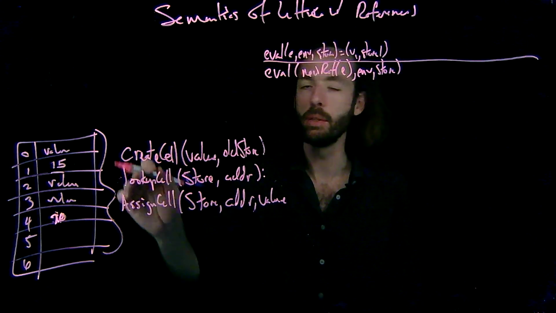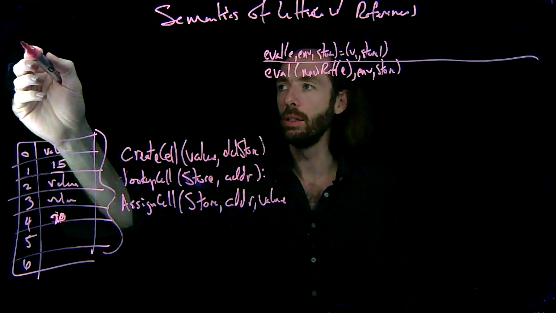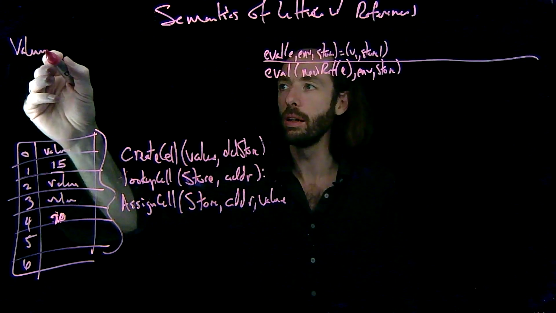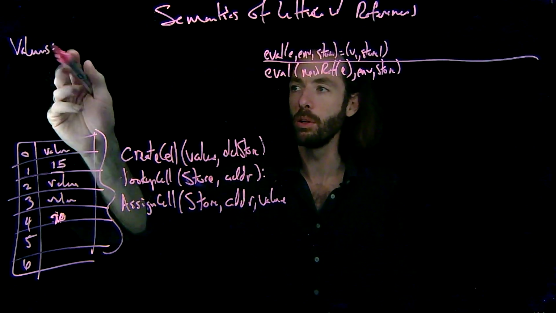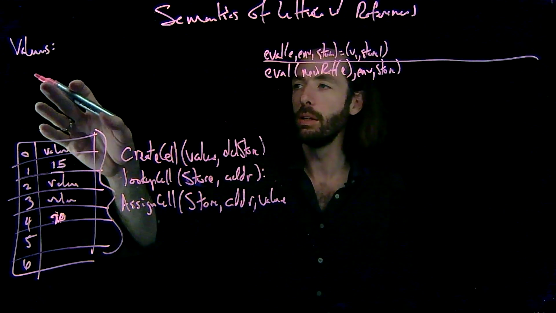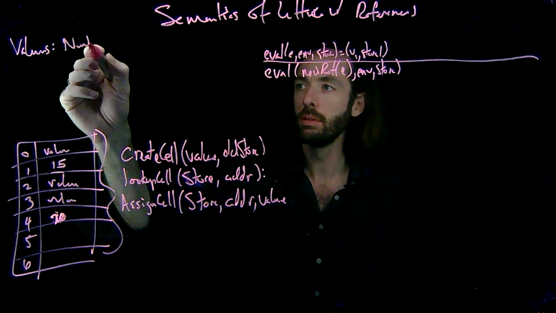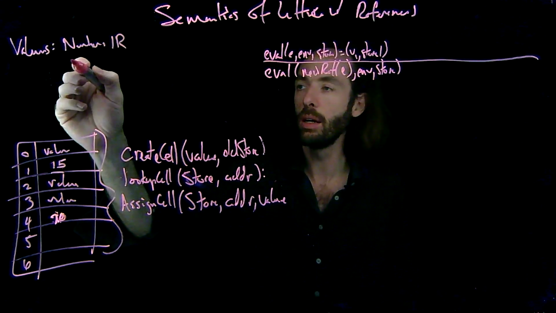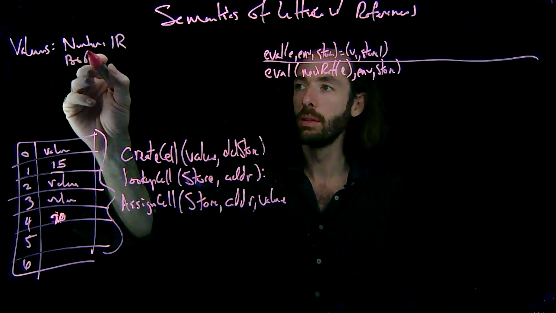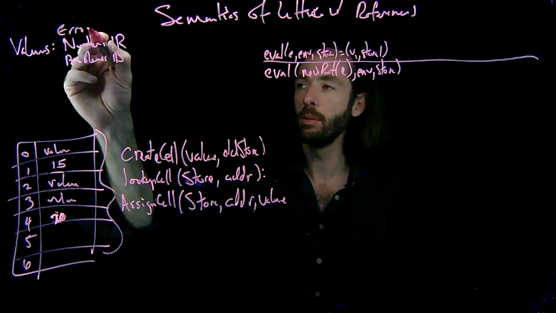Oh, this is something I need to mention before we get here, which I've talked about before, but it's important that it's clear. What are our values in our program? We have our abstract syntax that we had here, but now what are the values? We had numbers, that was our R. We had booleans, B. We had the error term.